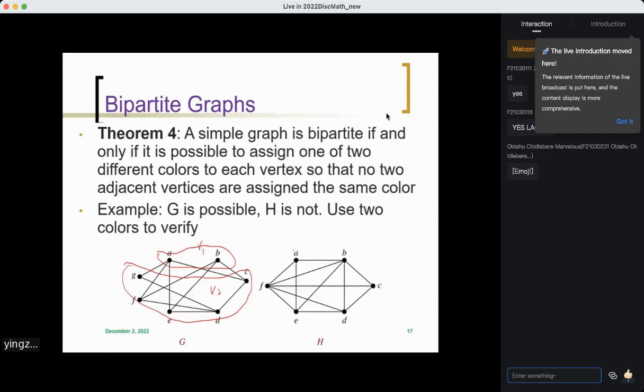But here is the difficult case: if it is like this, the connected vertices have the same color, so it cannot be a bipartite graph.